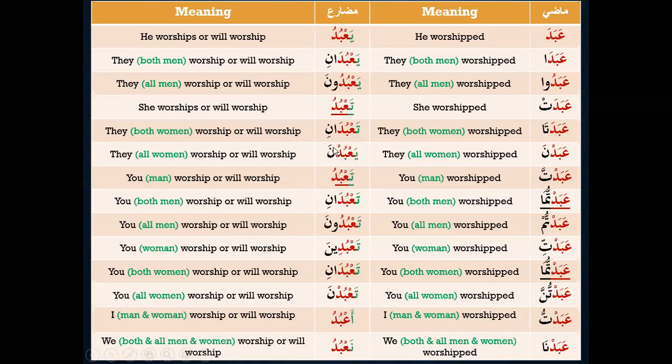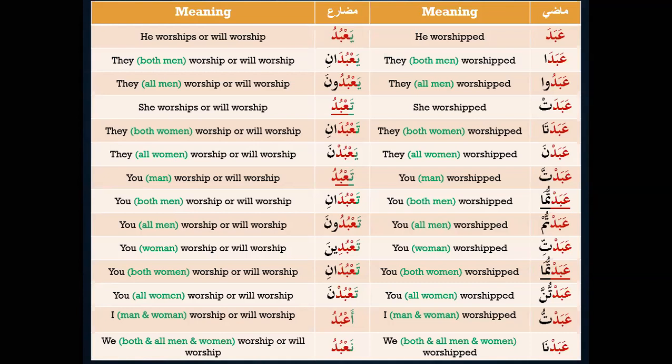So this noon is the noon of feminine, plural feminine, and it stays all the time. Ta'budna, a'budu, I worship or I will worship. Na'budu, we worship, first person, or we will worship. So this is mudari'. So you have a sign of mudari', which is noon, hamza, ta, or ya, any of those.